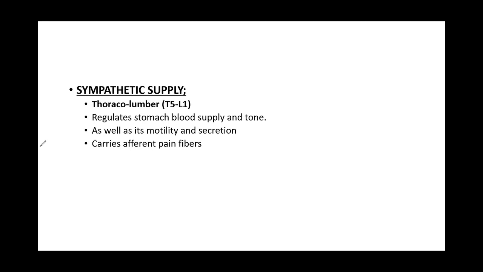When there's sympathetic outflow, there's vasoconstriction. When there's inhibition of sympathetic outflow, there's vasodilatation. So it regulates the blood flow to the stomach, as well as motility and secretions of the stomach also. And they carry afferent pain fibers. The pain fibers are carried along the sympathetic nerves.